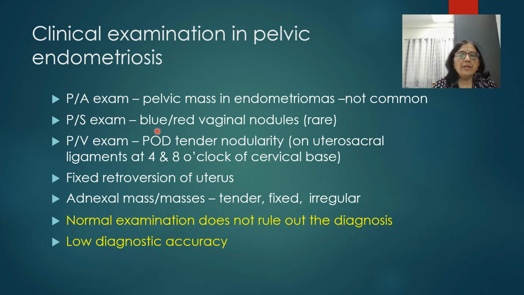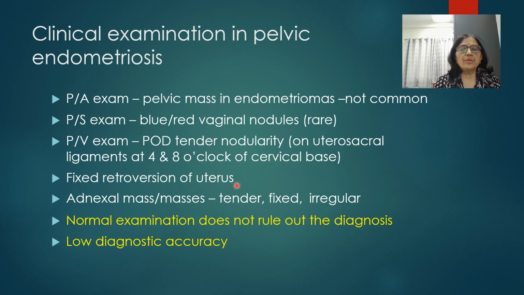Per speculum, rarely we can get blue or red vaginal nodules. On per vaginal examination, pouch of Douglas tender nodularity, especially on the uterosacral ligaments, which is appreciated at 4 and 8 o'clock of the cervical base. If it is present, this tender nodularity on the uterosacral ligaments is highly specific for endometriosis.